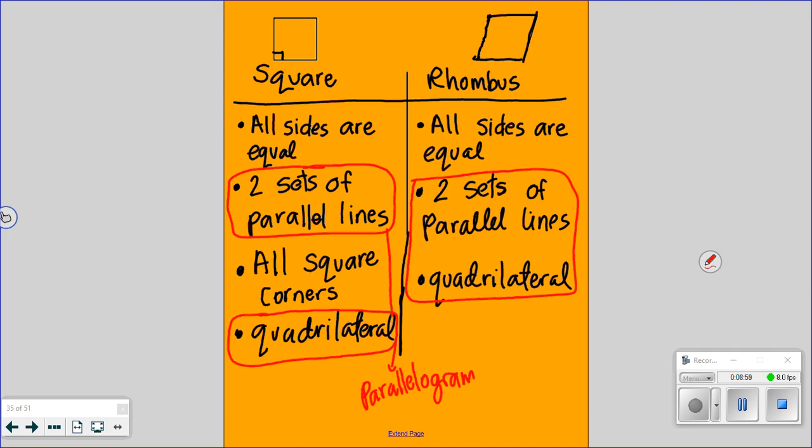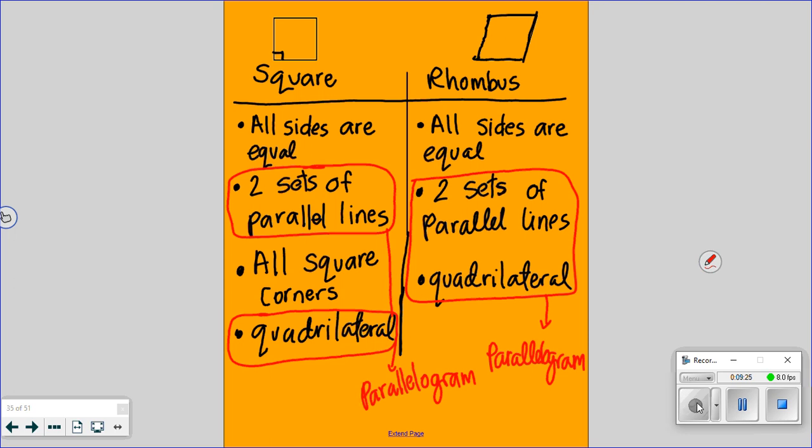I could call both of these shapes parallelograms. Whoops, I didn't leave enough room for that one. Because they both follow the same rules as a parallelogram. Parallelogram gets hard to write after a while. It does.